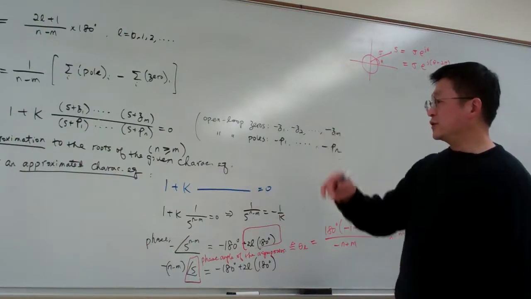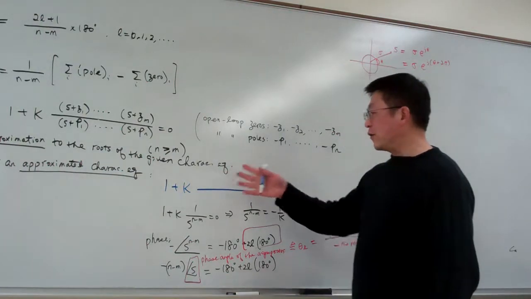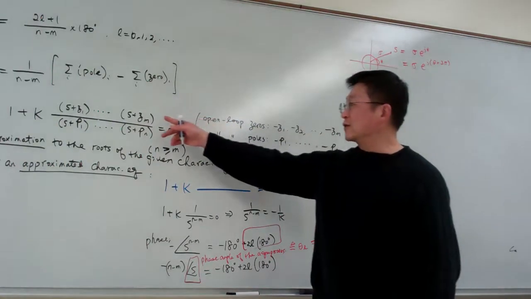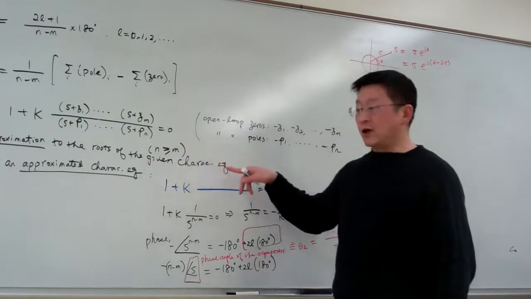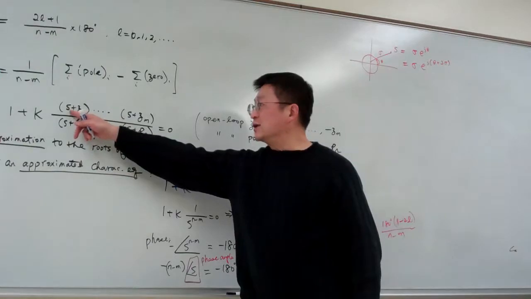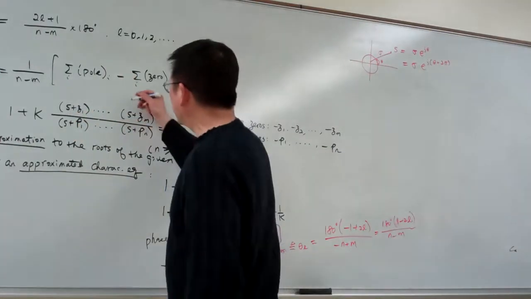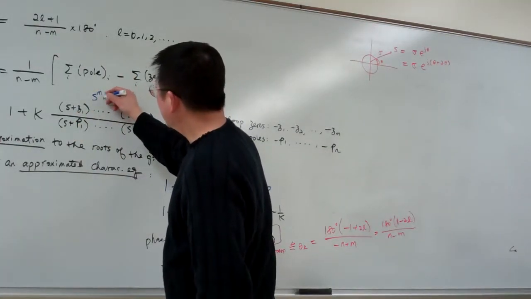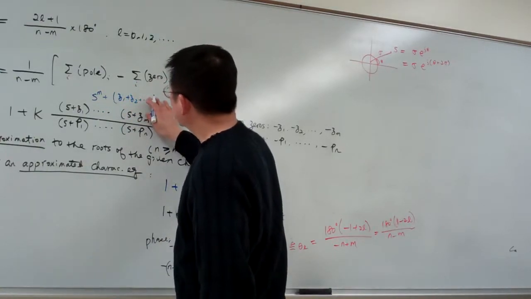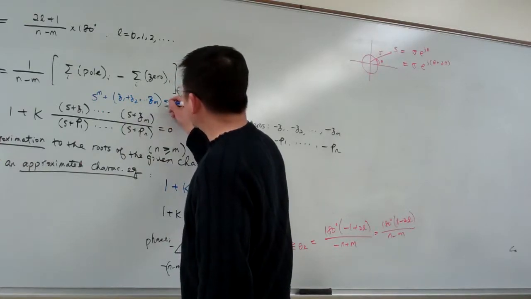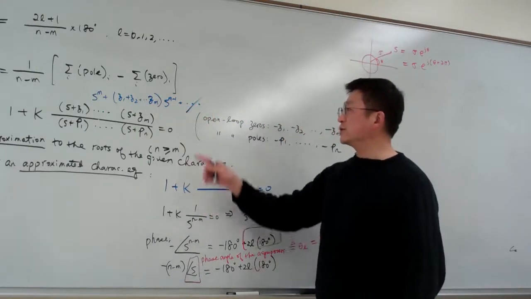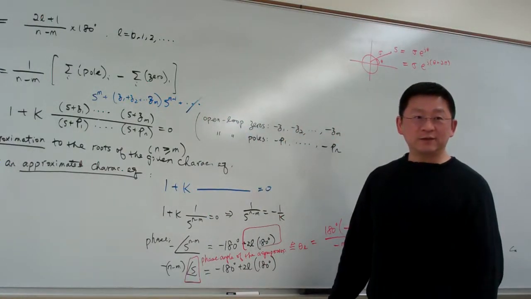Compared to the previous approximation, where we simply dropped all the lower order terms and kept the highest terms for the numerator and denominator, for this case I want to keep the first two terms. For example, for the numerator, the first two terms are s^n plus (z1 plus z2 plus ... plus zm) s^(m-1), ignoring the lower order terms.